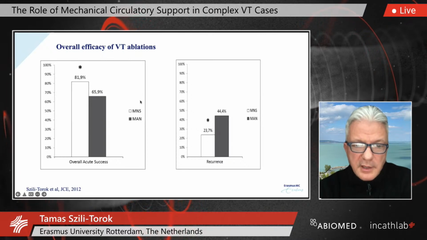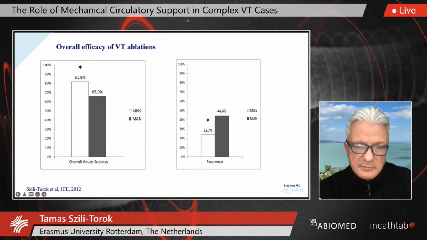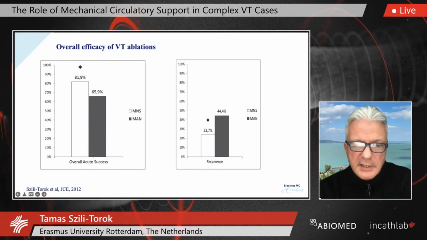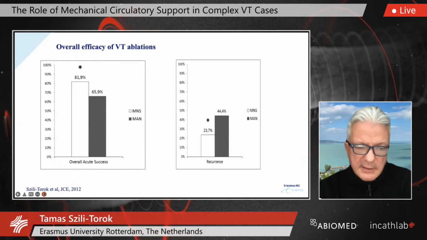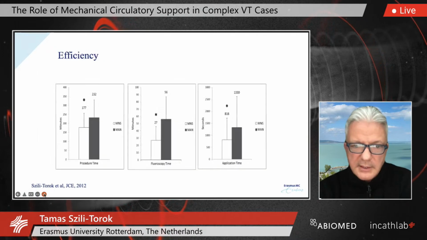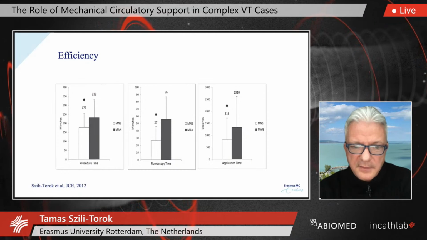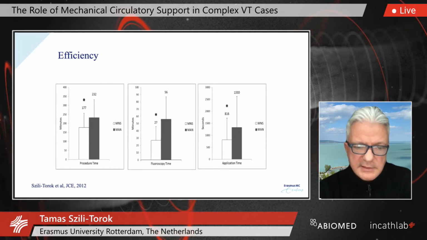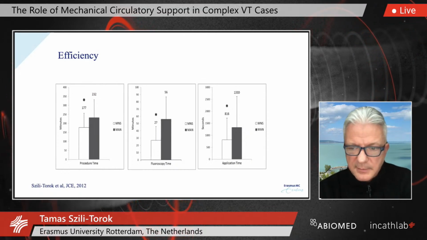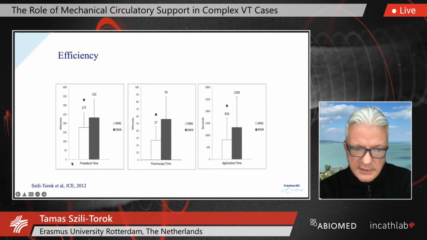I can speak only for ourselves. When we looked at our own manual and magnetic procedures already in 2012, we really had a higher success rate with magnetic navigation in our own hands. And what we also liked in terms of lab efficiency, we could decrease procedure times, fluoro times, and application times by using this.